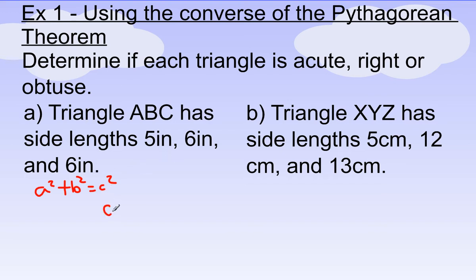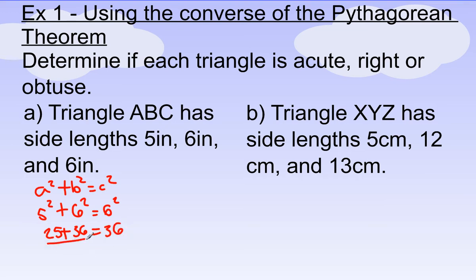So I'm going to put one of the 6's here, and then the other 6 and 5 just fit in here. So 5 squared plus 6 squared, and if I square everything, I get 25 plus 36 equals 36.